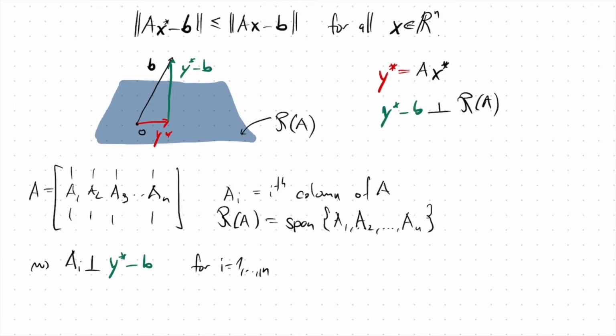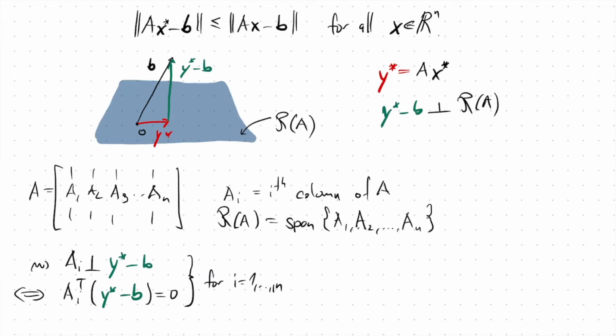If you write this in formulas, this means nothing else than Ai transpose multiplied by y star minus b is 0, for all i from 1 to n. This is equivalent to taking the whole matrix A transpose and multiplying by y star minus b being equal to the 0 vector.